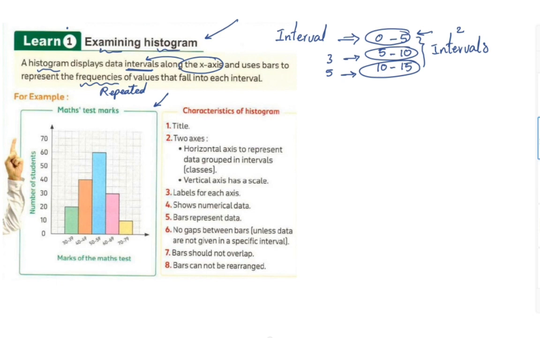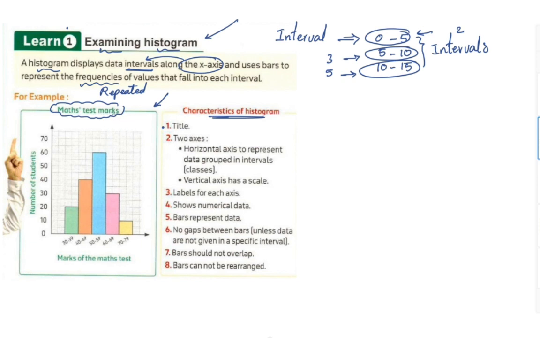This is called a histogram. What are the characteristics of a histogram? First, title. Here we have the title: math test mark. We have a math test, and these are the marks of the students.